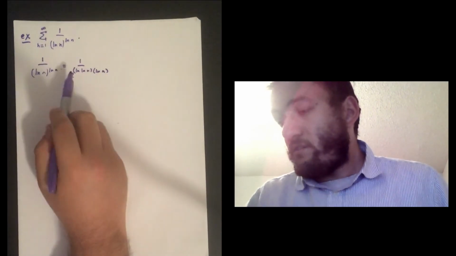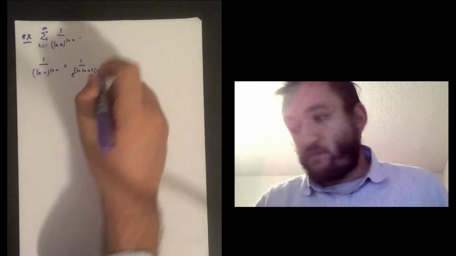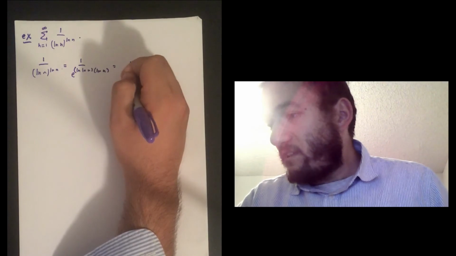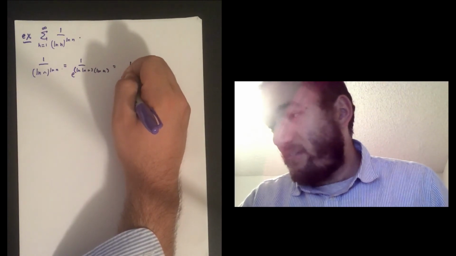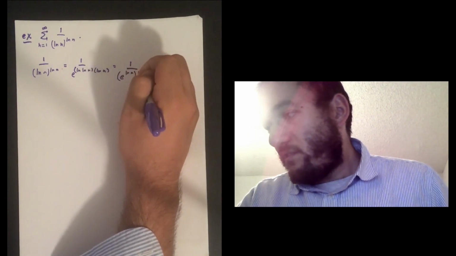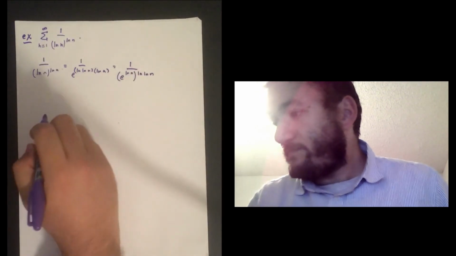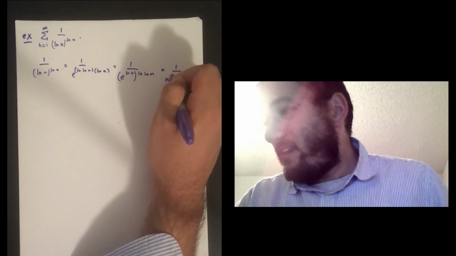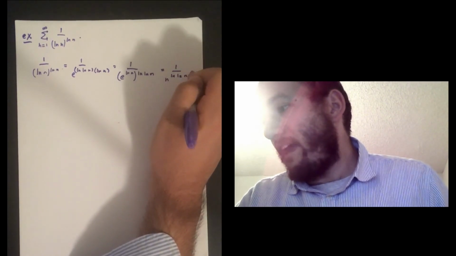So we have a product of those two exponents. Well, I can switch that order so that instead of e to the log log n times log n, I'm looking at e to the log n to the log n. And what that equals is 1 over n to the log n.